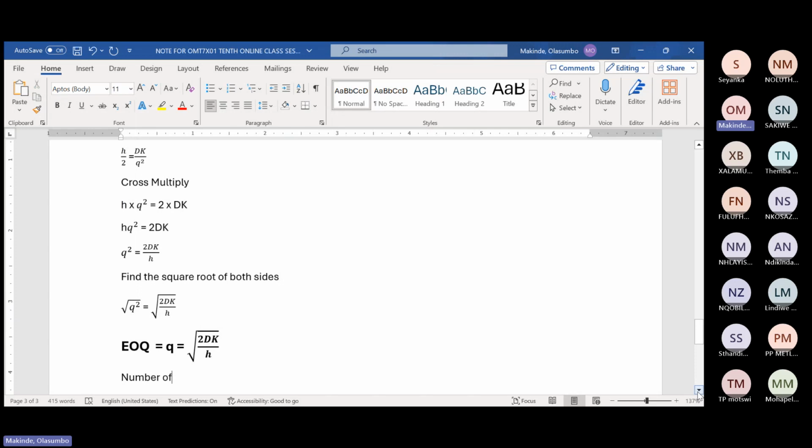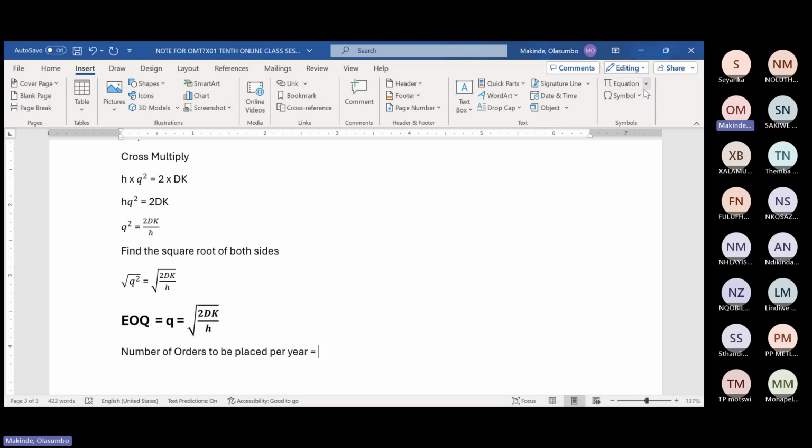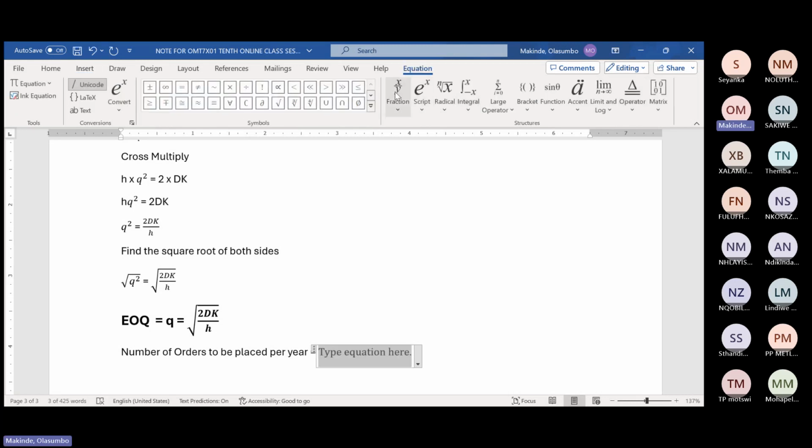You use that for the number of orders that will be placed per year. You can also have that in the question which you see. We have seen that as D over EOQ.